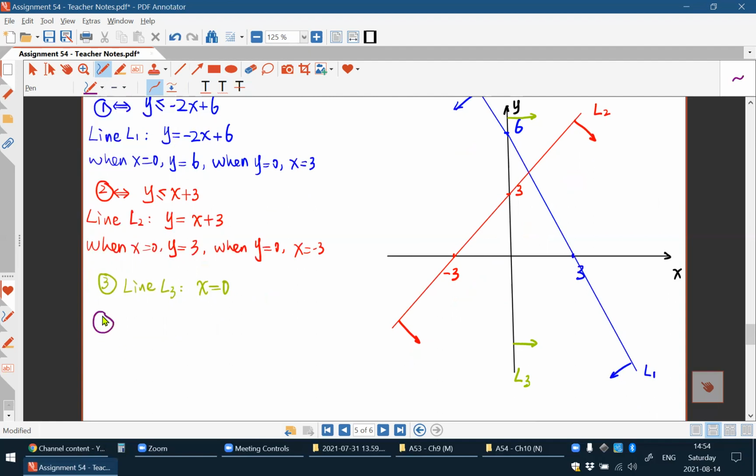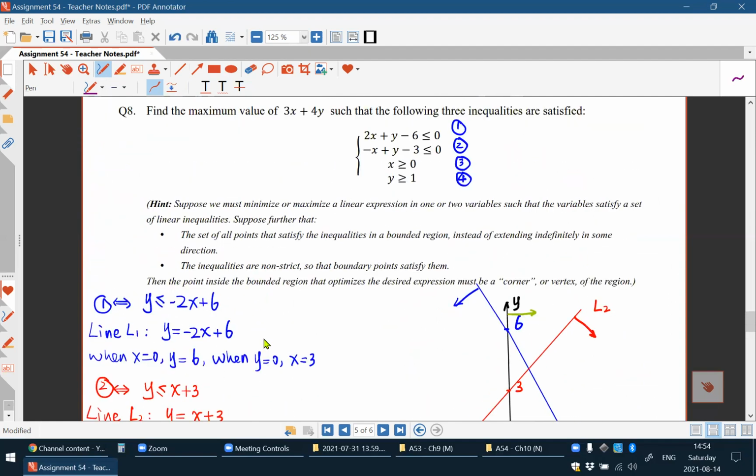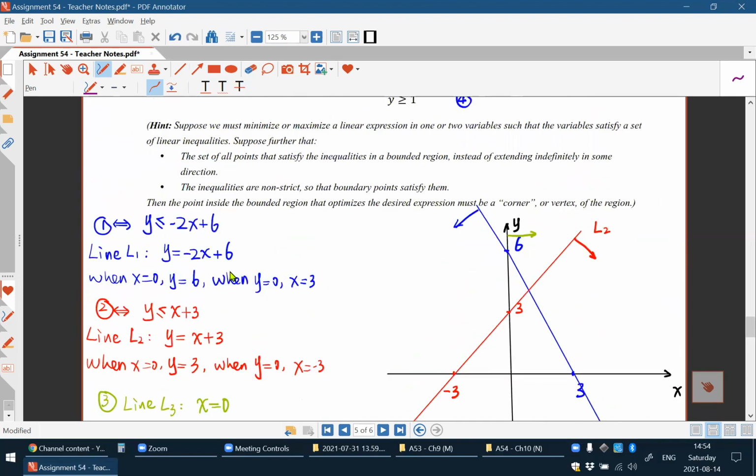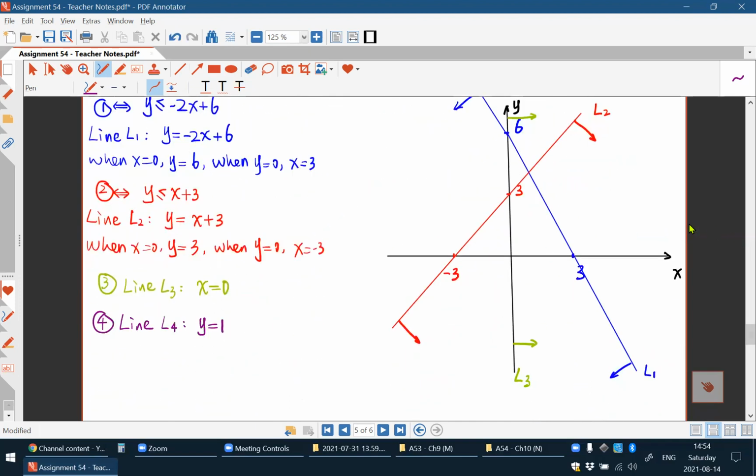And the fourth inequality says y should be greater than or equal to 1. So the corresponding line L4 is y equals 1, right? Okay, so now you need to check y equals 1. 1 is about here, right?